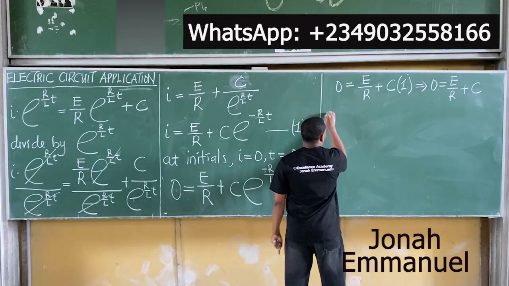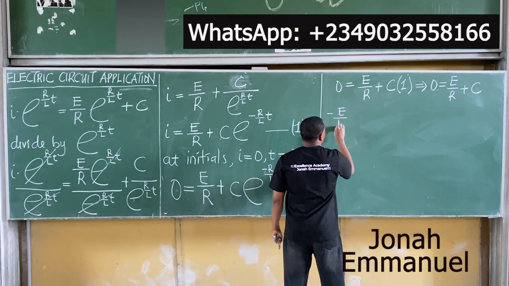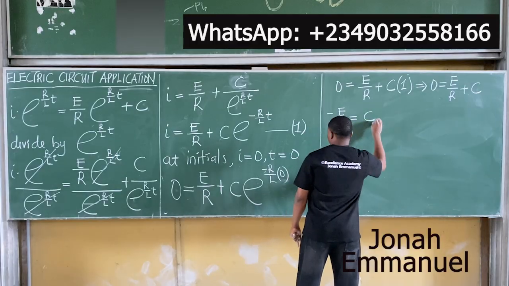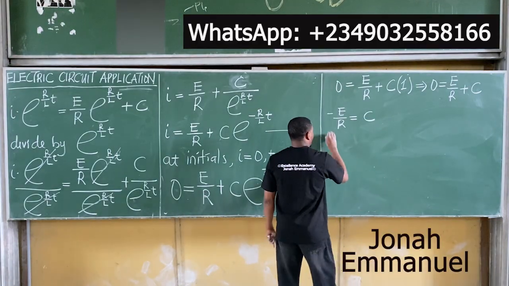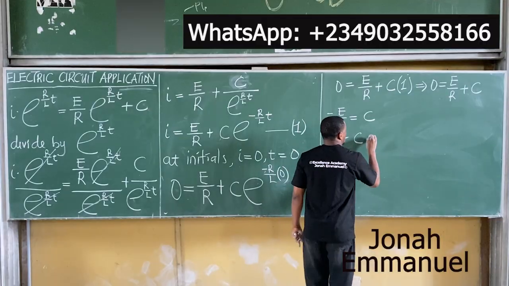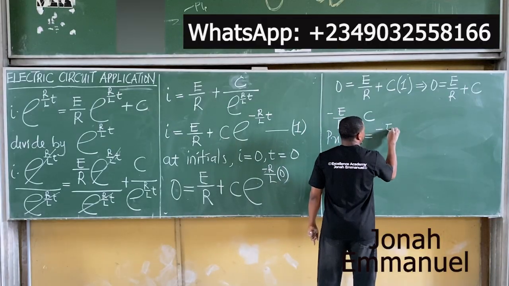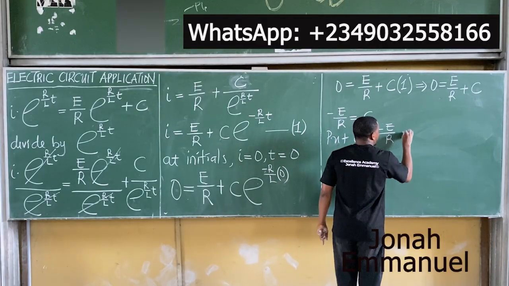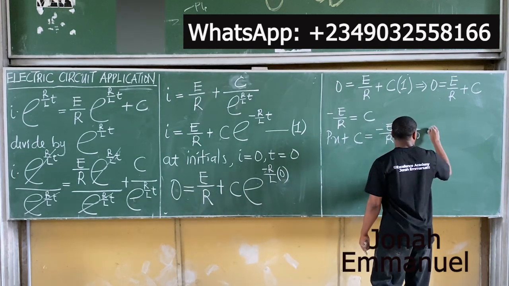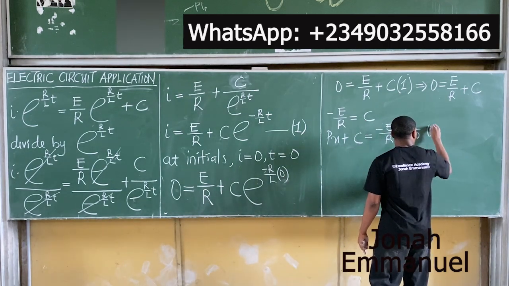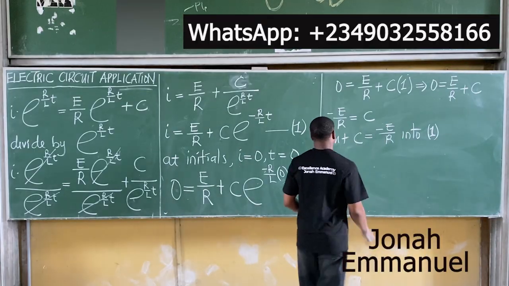You have minus E over R is equal to C. That's the value of C. Let's put C, which we said is equal to minus E over R, into equation 1.